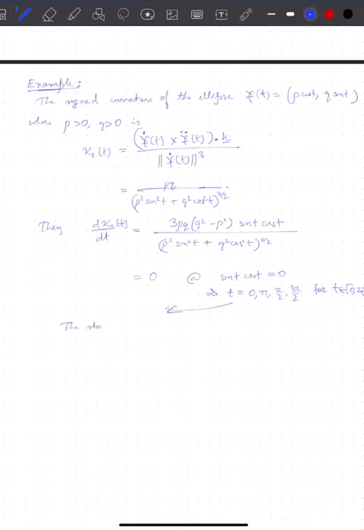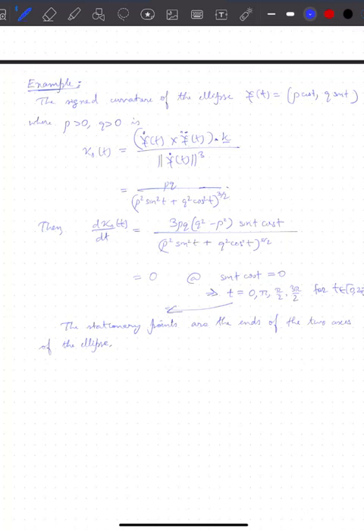So the stationary points are the ends of the two axes of the ellipse.